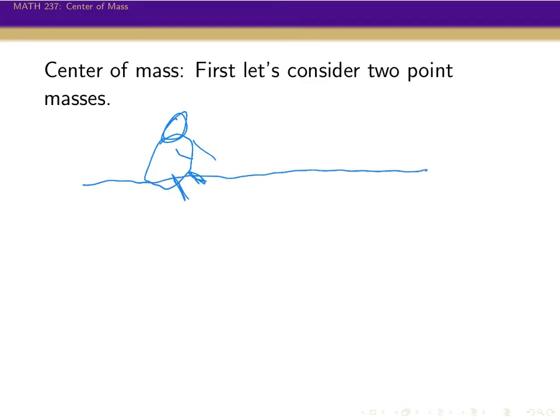Here's the board representing the seesaw. Here's the child. Clearly the mass of the math professor is much, much bigger than the mass of the child. And so where does the fulcrum, the center of the seesaw, need to be to allow them to actually have some balance and actually use the seesaw?